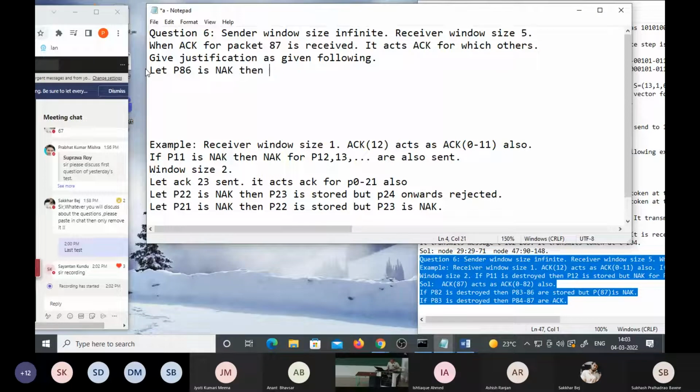Then P87, 88, 89, 90 are stored. Hence ACK. It means that ACK 87 can be sent even when 86 is NaK.